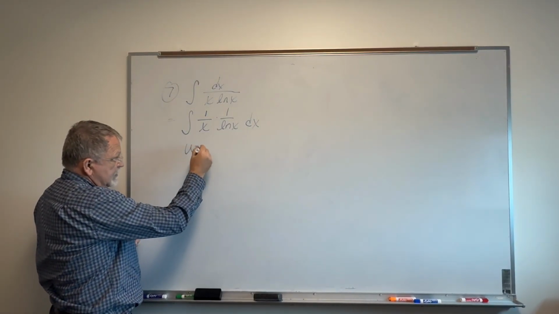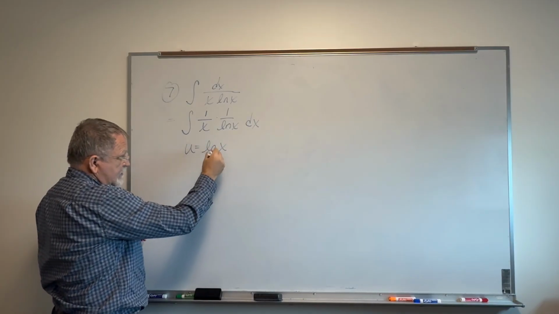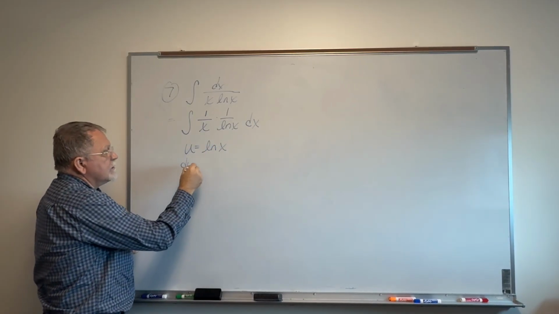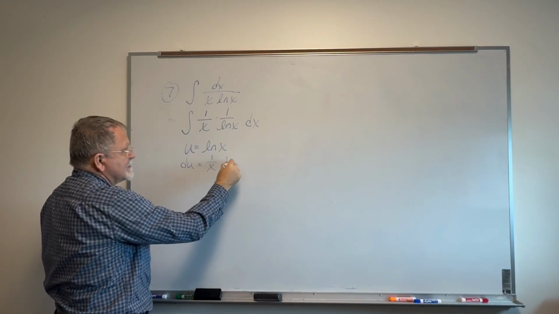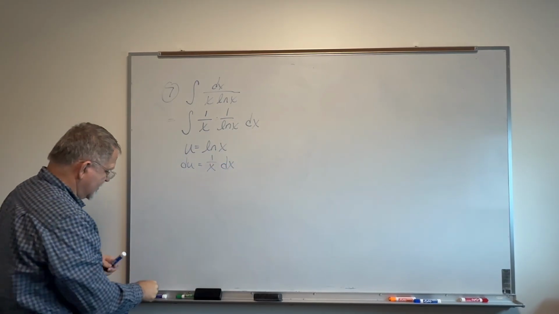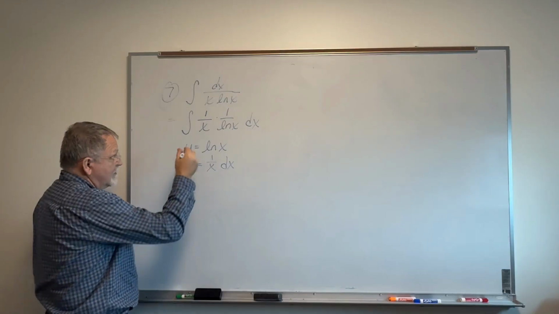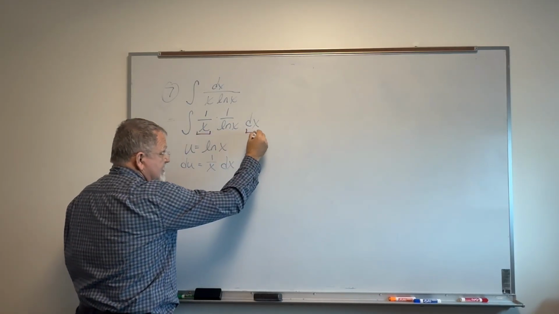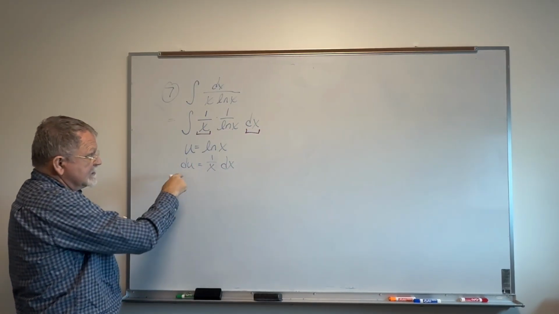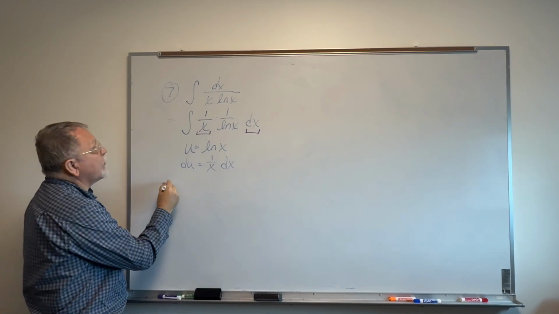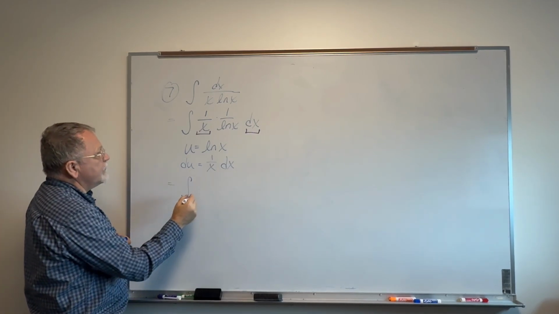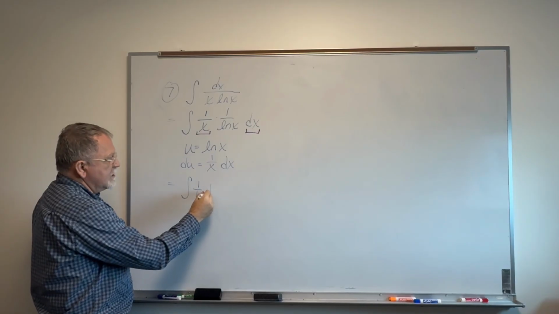u is going to be the natural log of x. du, the derivative of natural log, is just 1 over x dx. The good news is, I see that right here: 1 over x dx. There it is. That's the du. So what I'm looking at here is the integral of 1 over u du.